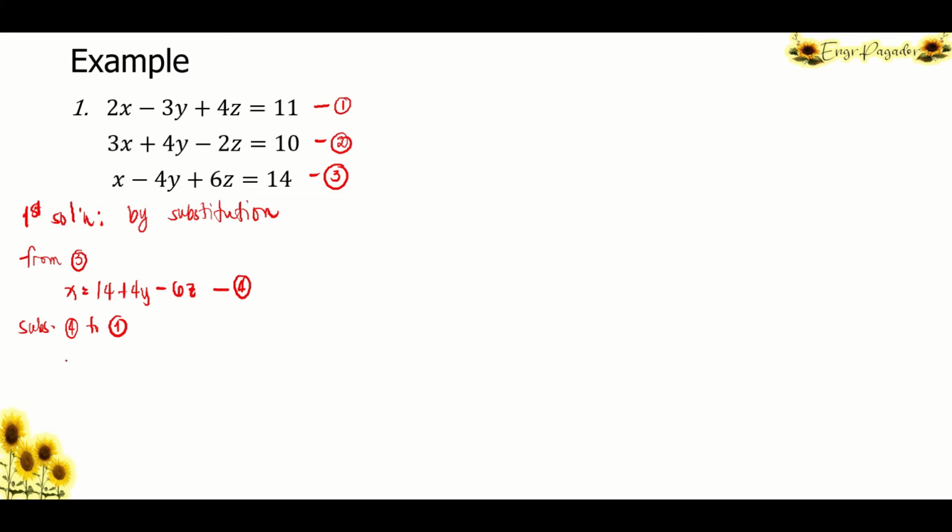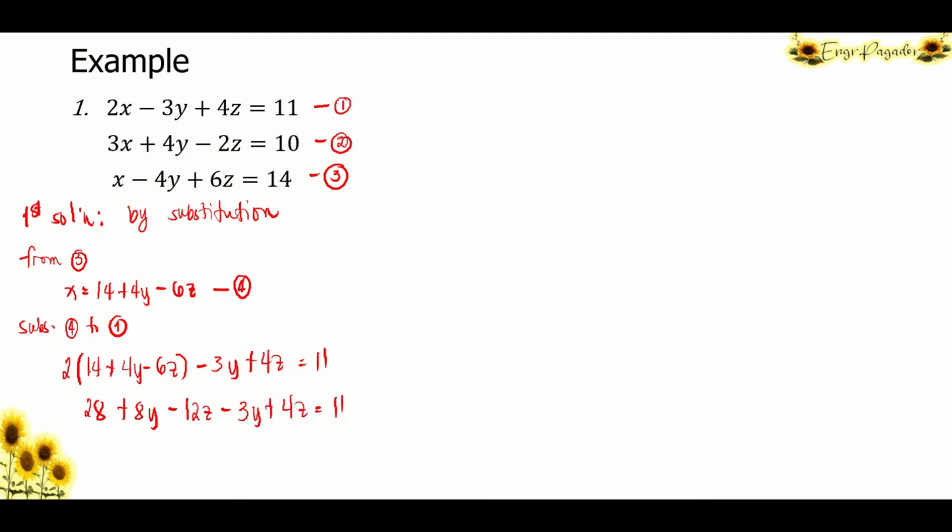So that will be equal to 2 multiplied by your x, that is 14 plus 4y minus 6z, minus 3y plus 4z equal to 11. So let us simplify. This will be equal to 28 plus 8y minus 12z minus 3y plus 4z equal to 11.